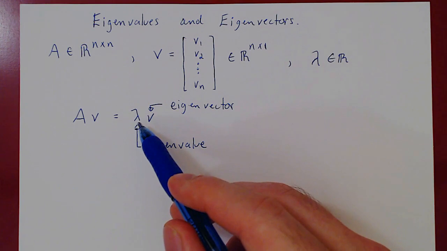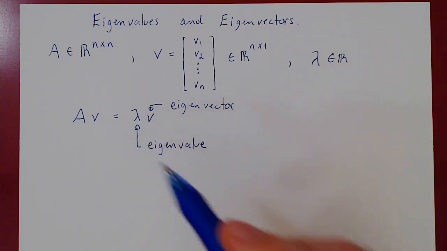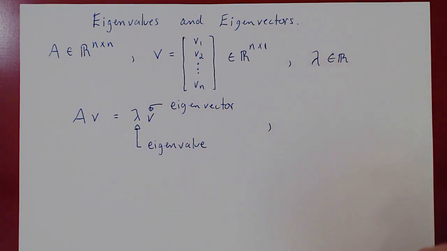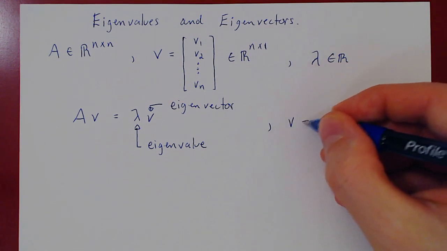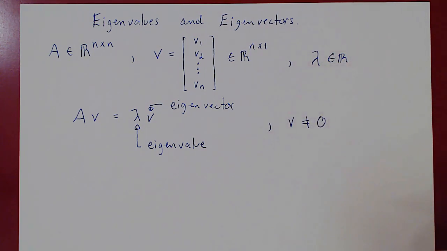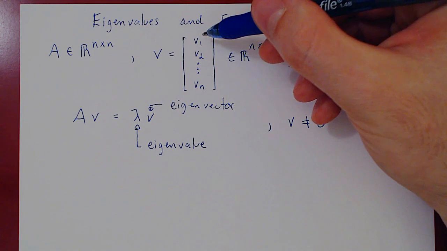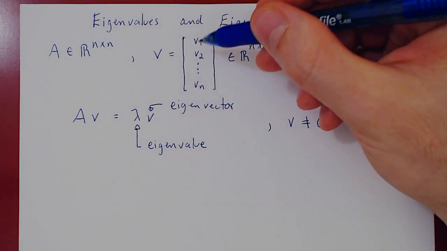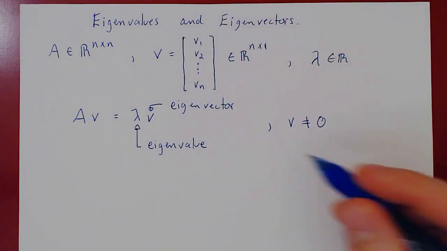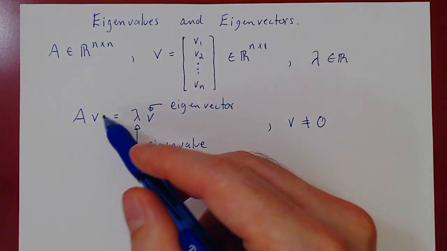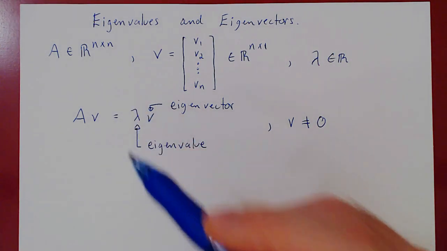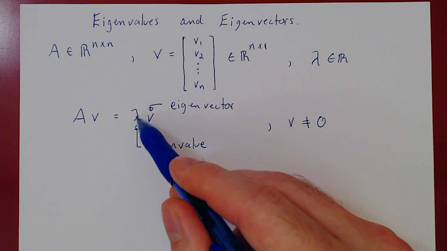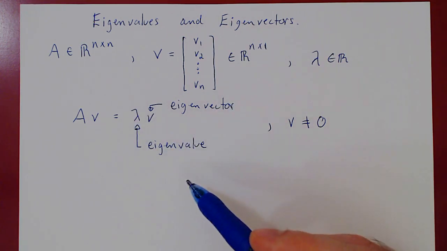For each eigenvalue, you'll have the corresponding eigenvector. One assumption about the eigenvector is it is not the zero column vector. So at least one of the entries of the vector V is non-zero. So if there exists such a vector with this real number, we have an eigenvalue-eigenvector pair.